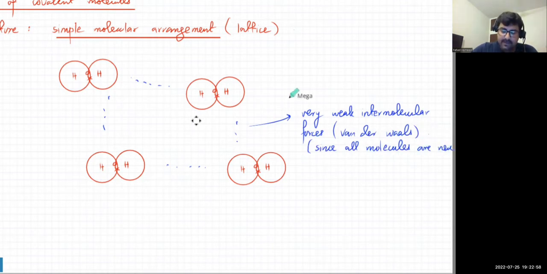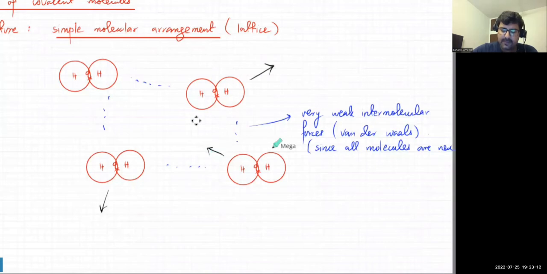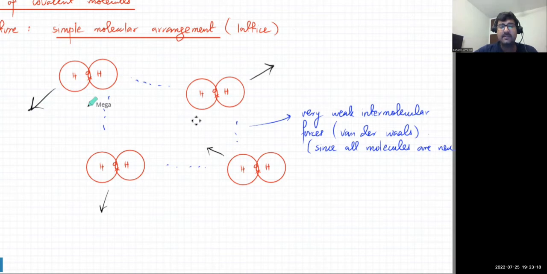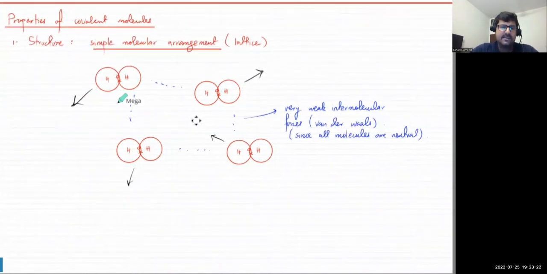And since they're not attracting each other, every molecule is kind of independent. It's free to move around. So if it wants to go over here, no one is stopping anyone, they're not attracting each other. Unlike ionic lattices, where the positive and negative ions were tightly held together, within covalent molecules you don't have any attractive forces. They're just freely moving around.